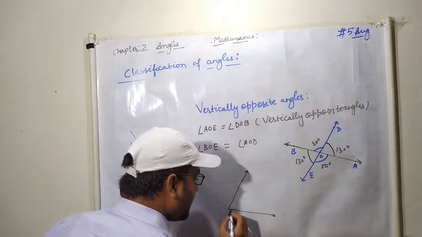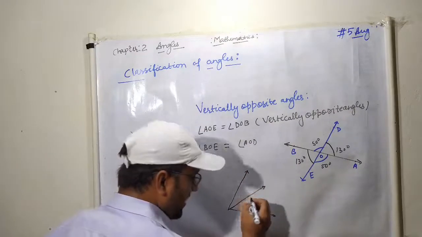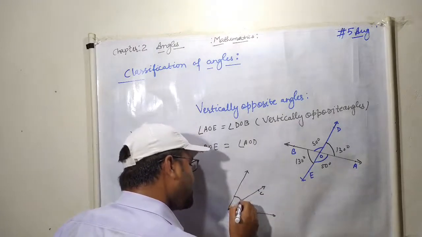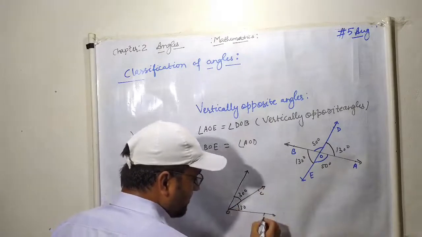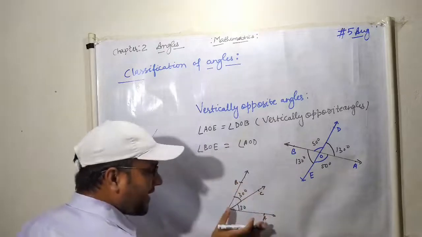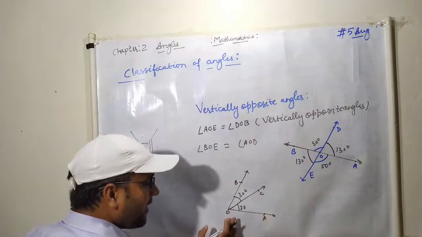If it is 60 degrees, and if this angle is bisected by a common ray OC, this is 30 degrees and this is also 30 degrees, then this OC is known as a bisector of this angle AOB. OC is a bisector of angle AOB.